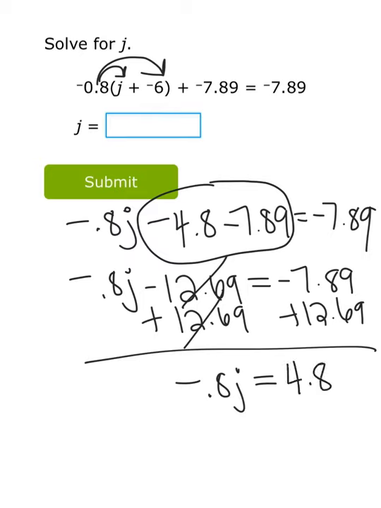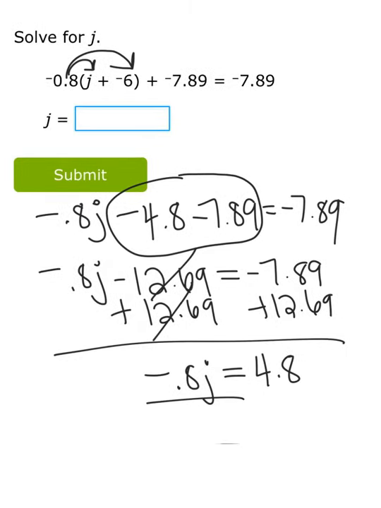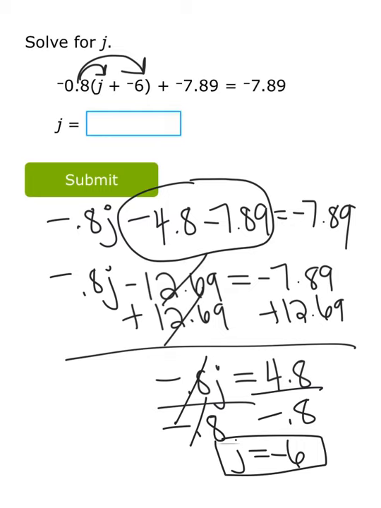And then my last step would be to divide by negative 0.8. So negative 0.8 divided by negative 0.8 is 1. So I'd be left with 1j equals negative 6.